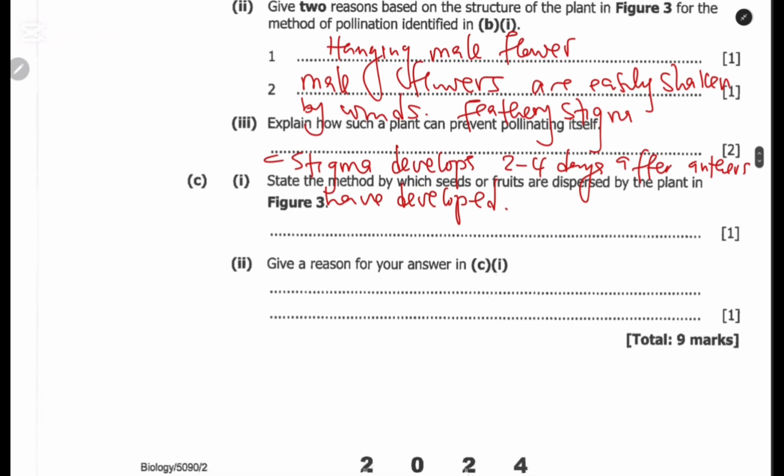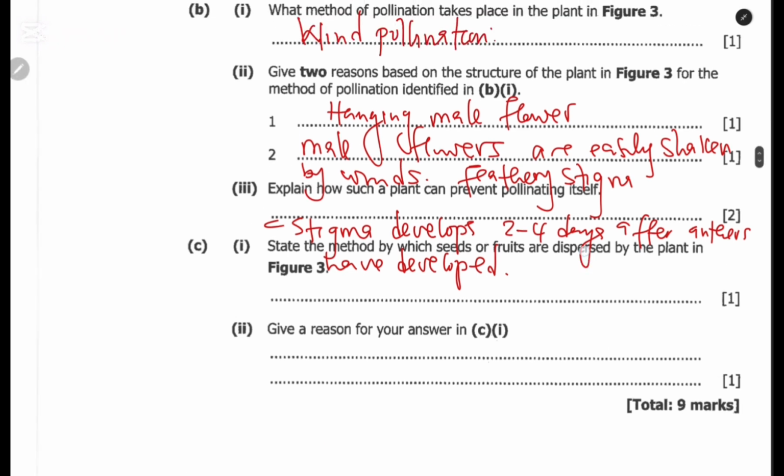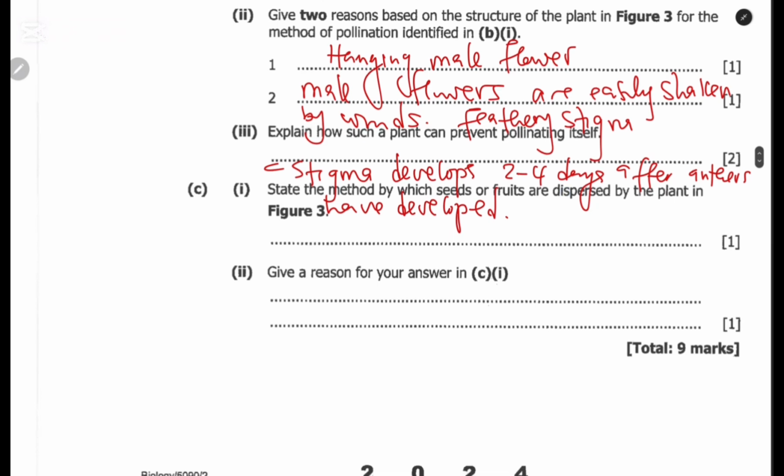Then now, state the method by which the seeds or fruits are dispersed by the plant in figure 3. So like we said, this is the maize plant, and in Zambia that is our staple food, so we eat such. So the method by which the seed or fruit can be dispersed is animal dispersal. Give a reason for your answer.